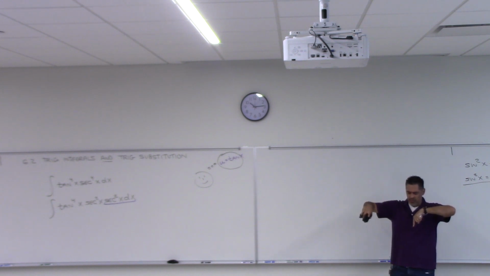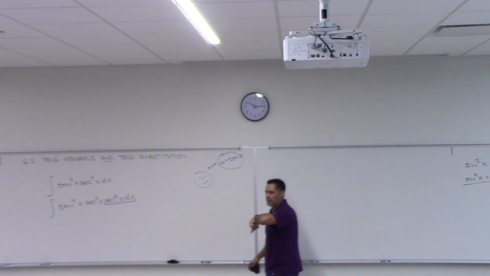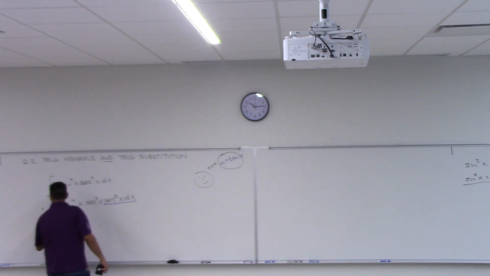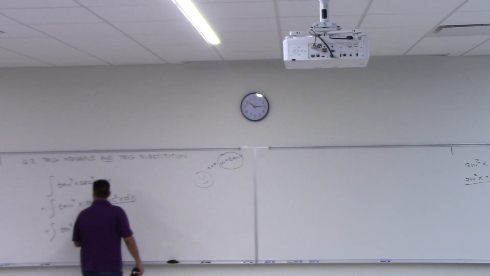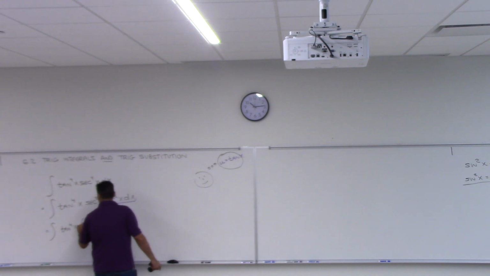Secant squared x equals 1 plus tangent squared x. So I'm going to go tangent to the 4th x, and then rewriting the secant squared x, you can write it as 1 plus tangent squared or tangent squared plus 1. Does not matter what order you go in, because it's addition.